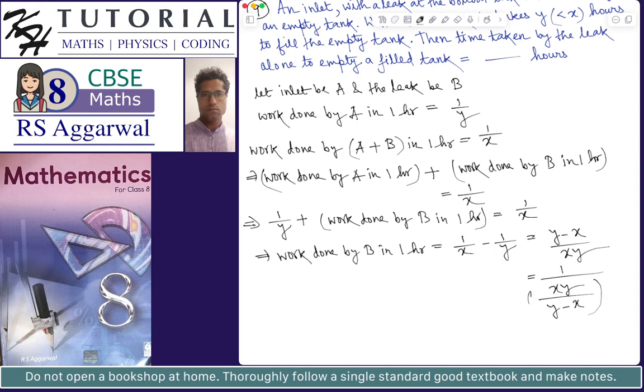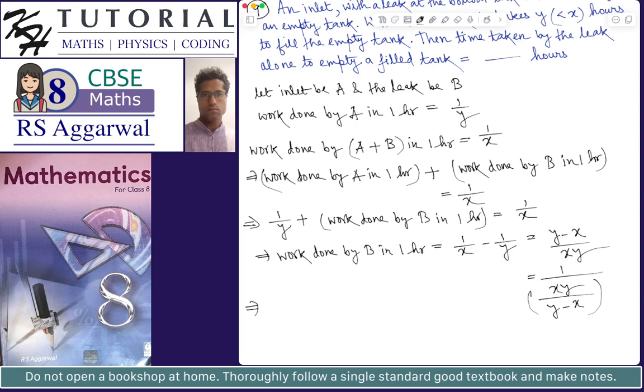That is, if we know that the work done by a pipe in 1 hour is 1 by n, where n is positive, then we can say that the pipe will take n hours to completely fill the tank. Now B is a leak. Remember that B is a leak. Its work done will be negative.